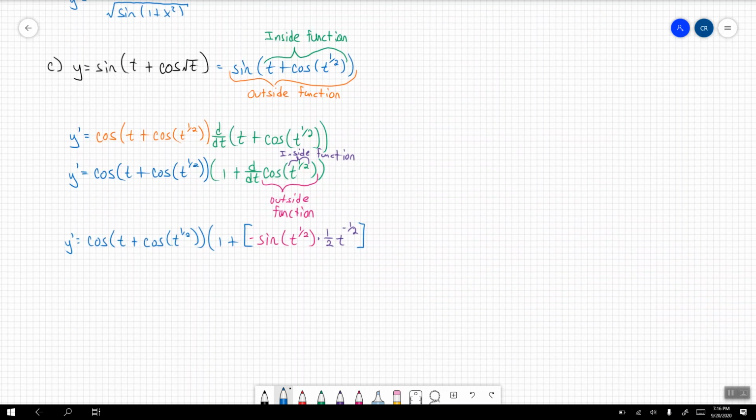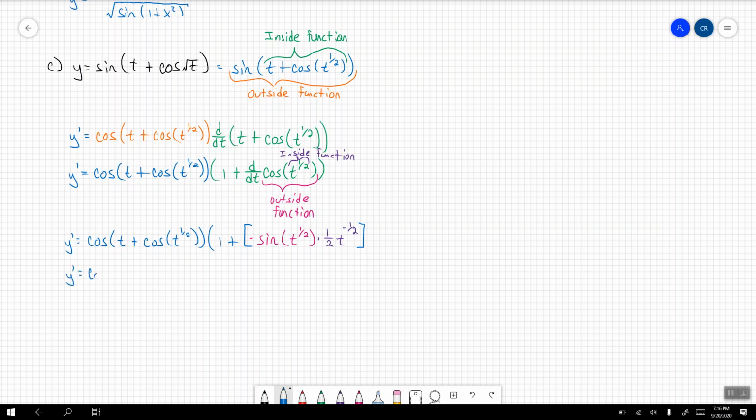Now we don't have any more derivatives to take, because when we took the derivative for the inside function, we took the derivative of the variable t, and that's what we were looking for. All we have to do now is clean this up.